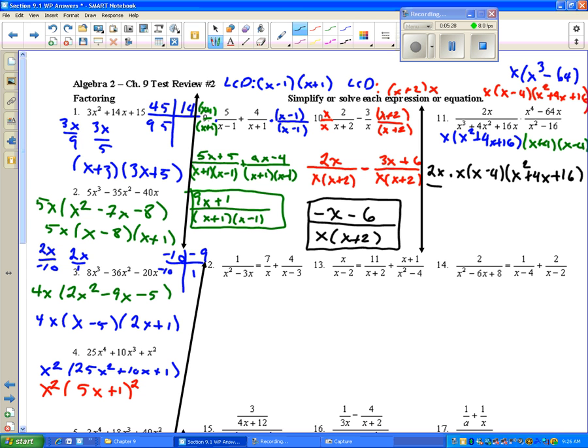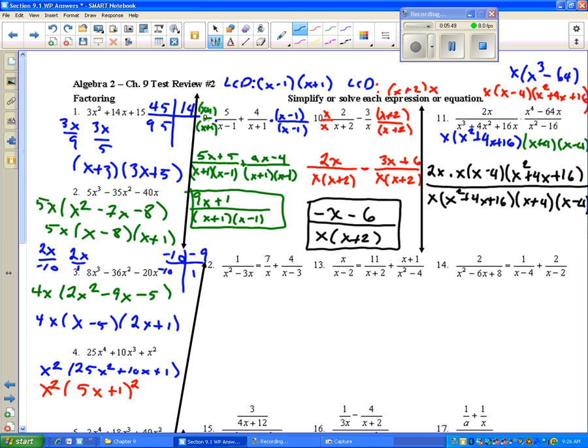All of this is going to be over this factored out. We had an x. This x squared plus 4x plus 16 is not factorable. So this is x squared plus 4x plus 16. And this is x plus 4 times x minus 4.